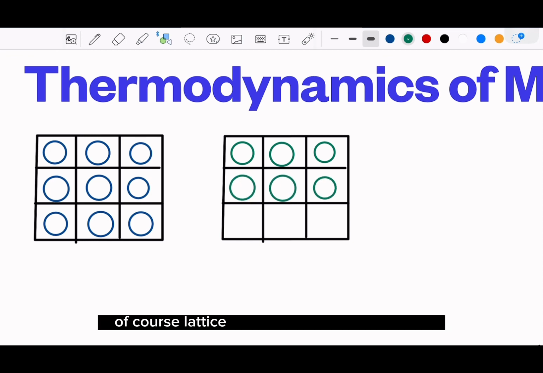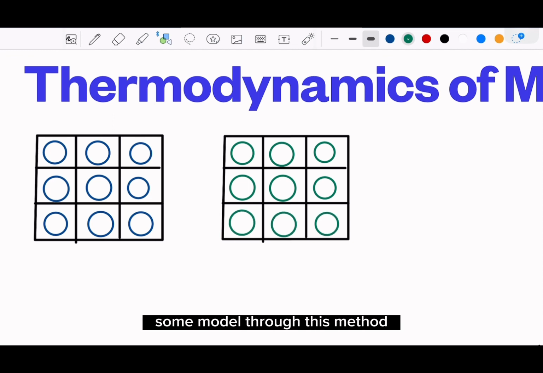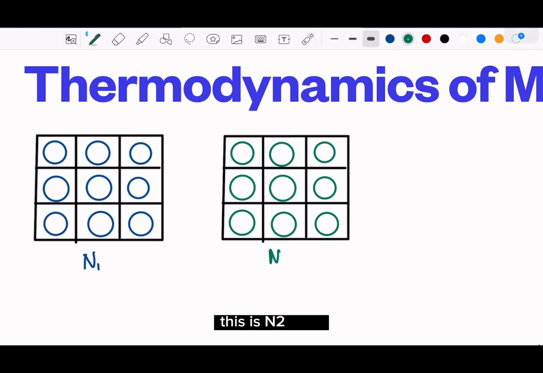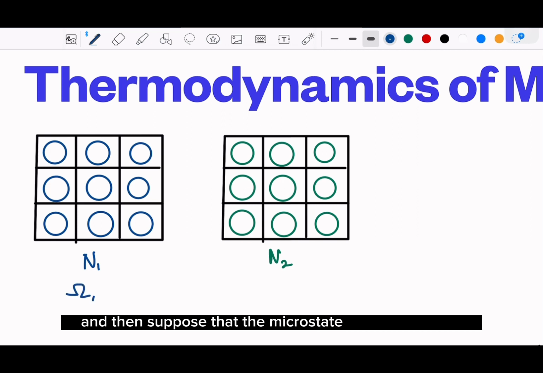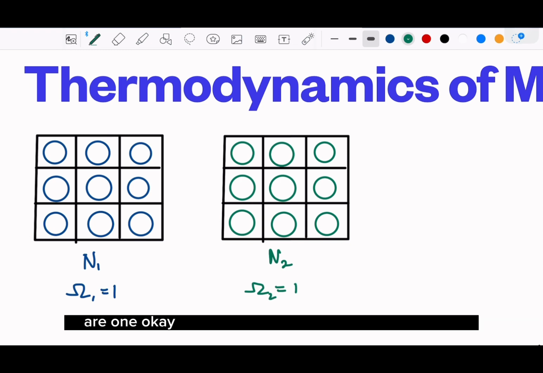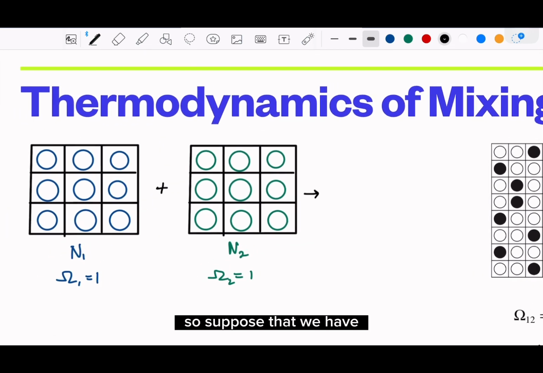Of course, lattice seems simplified, but we can see some model through this method. So this is going to be N1. Oh, sorry. This is N1. This is N2. So we have two materials. And then suppose that the microstate for each of them is 1. If we are going to mix the two, suppose that we take another one.